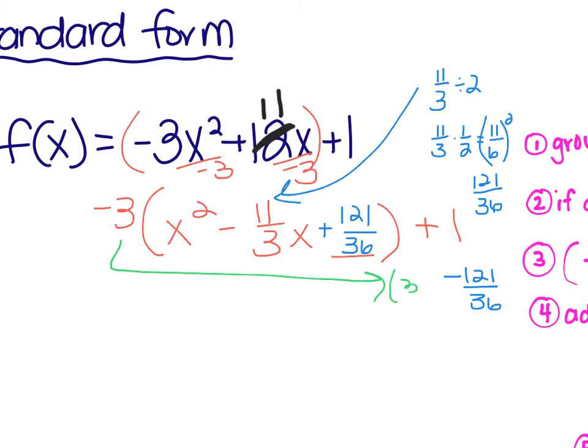So I multiply -3 times -121/36. Some of you like to make your life miserable, and you multiply out the top of that, making it something like -363/36. My advice is reduce if you can. So 3 goes into 36 12 times. Negative times a negative means this is going to be a positive 121/12.